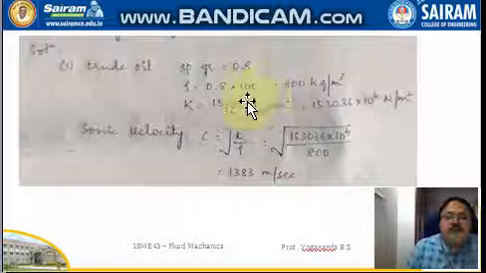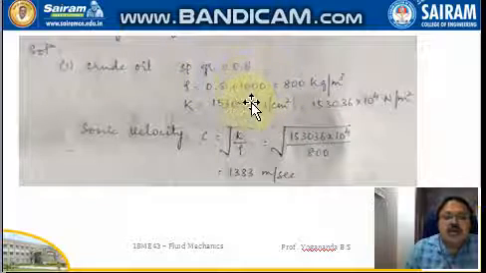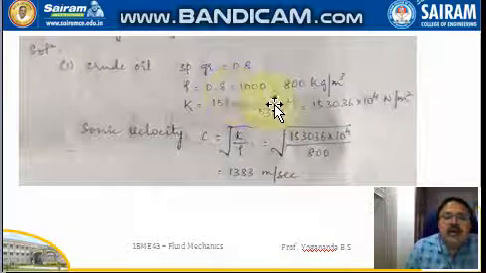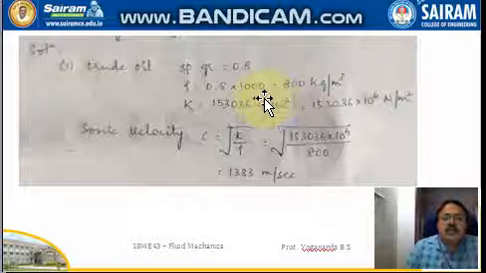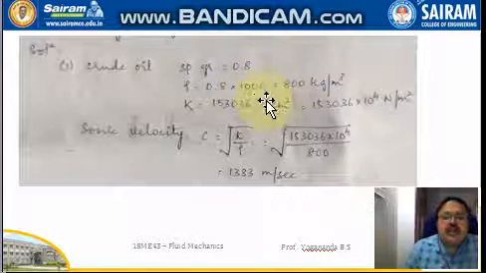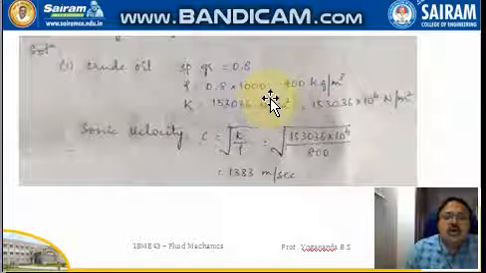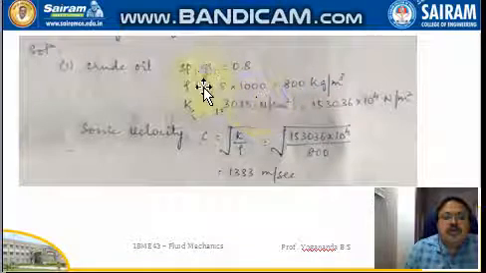Density is found out. Specific gravity is given, so that is by default multiplied by the density of the standard liquid, that is water. Its density is 1000 kg per meter cube.